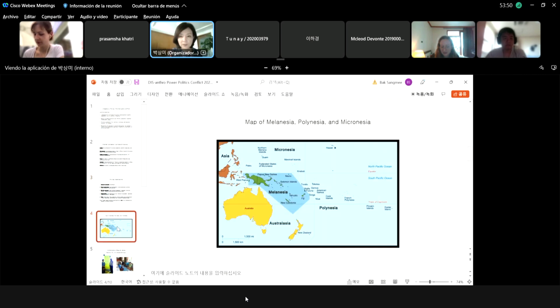Let's move on to the next slide, which is a map of Melanesia, Polynesia, and Micronesia. Because in this chapter, we have cases from this region, I decided to include this map. This is the map of the South Pacific, mostly, but north of the equator, we have Micronesia as well.